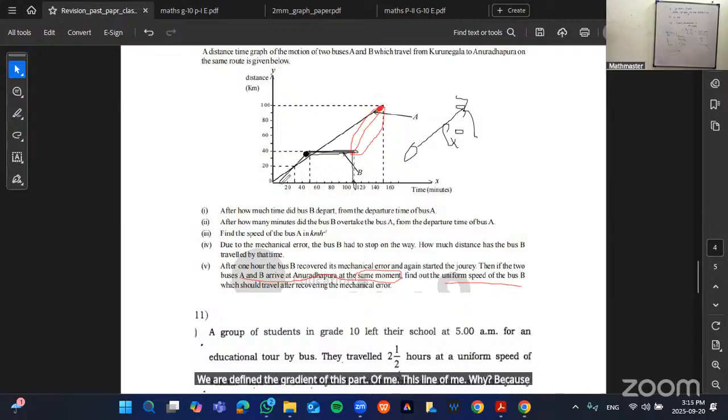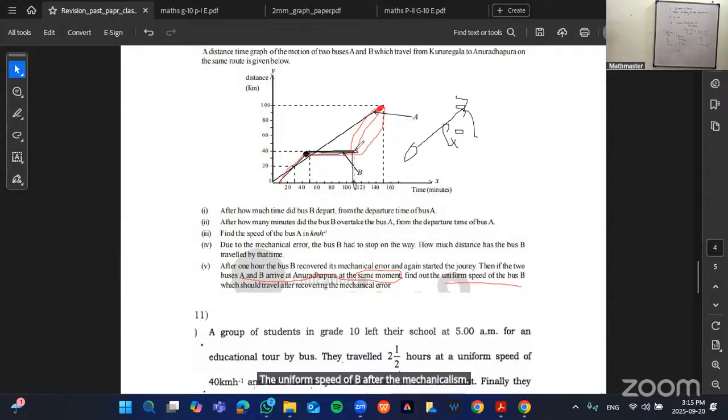Because all this time he was stuck in the mechanical error, but from here B started to go towards A. So you have to find the gradient of this line to find the uniform speed of B after the mechanical error.